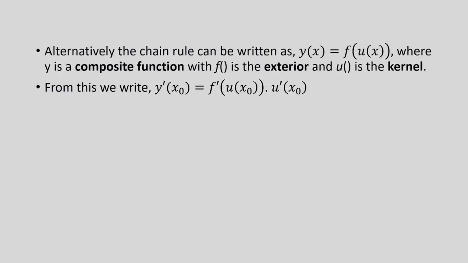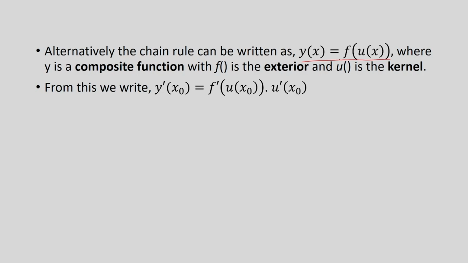Alternatively, the chain rule can be written as the following. Suppose y is a function of x, where x is itself a variable, but it affects u. So, y as a function of x can be written as f of u of x, because u affects y, but x itself affects u.